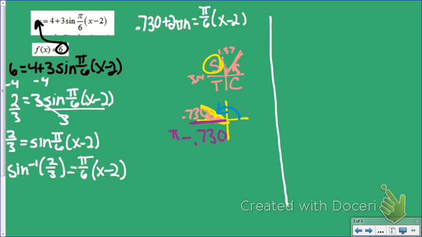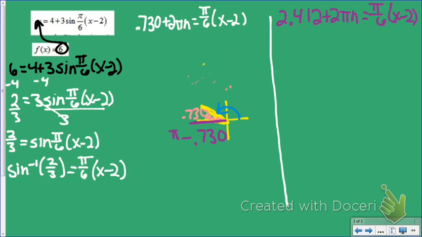And that gives me my second answer, which is 2.412 plus 2 pi n. And then at this point, we're just going to solve this with basic algebra. That's the hardest part right there, though. If you can get that second answer by looking at those quadrants, you're going to be fine.